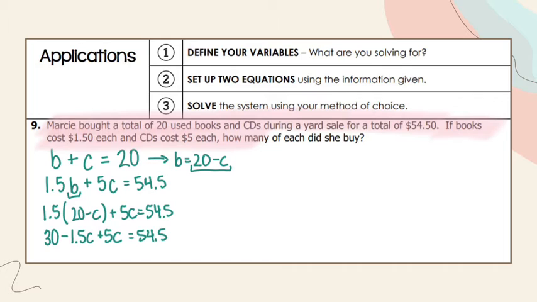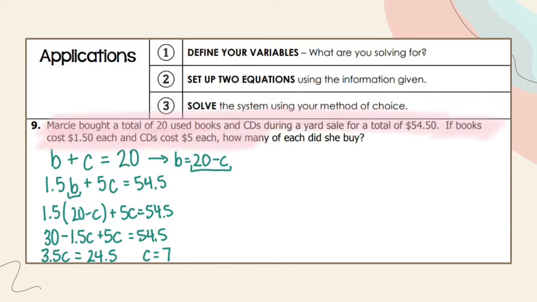Then we will subtract 30 from both sides, and I'm also going to combine like terms on the left side. So we're going to get 3.5C equals 24.5. And then we're going to divide that to get 7. So we will have C equals 7, meaning she bought 7 CDs.